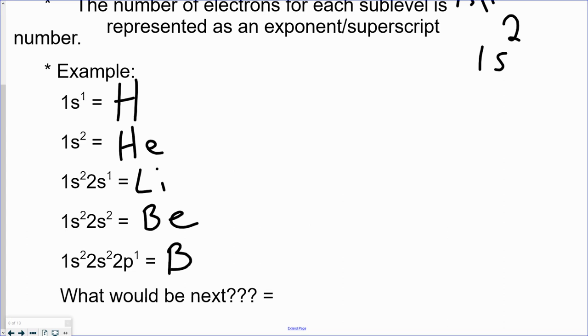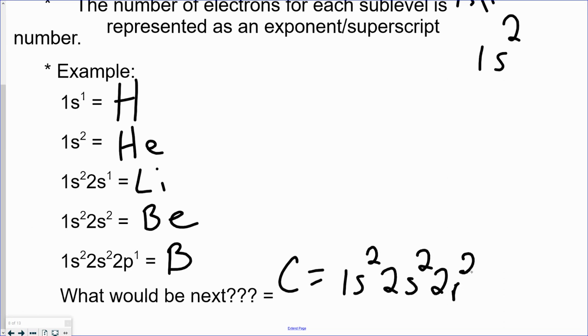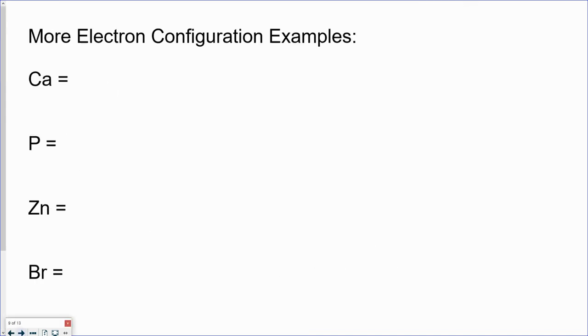Anybody know who's next? That would be carbon, which would be 1s2, 2s2, 2p2. Now, that is electron configuration notation.